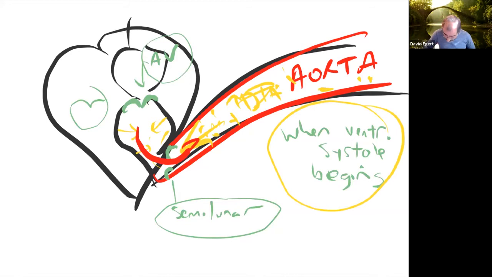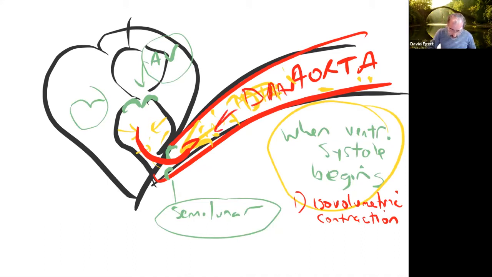So that's what we call isovolumetric contraction. That is when the ventricles are squeezing but have not yet overcome diastolic, which is pushing back. And so nothing's coming out. Isovolumetric, meaning the ventricle is not changing size, the same volume. Once you overcome diastolic pressure, then you get that ventricular ejection.